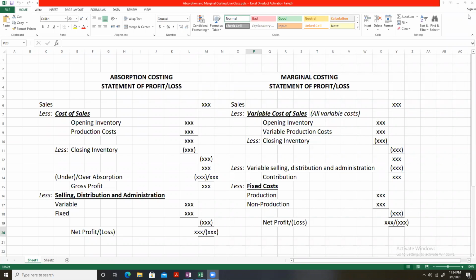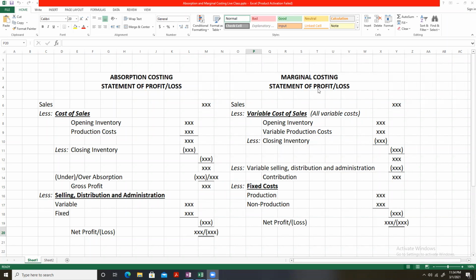In the previous classes, in the last two classes, I explained these two approaches of traditional cost accounting. One is absorption costing and the other is marginal costing.